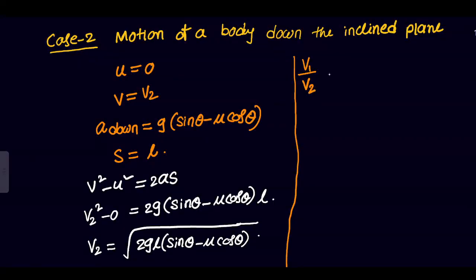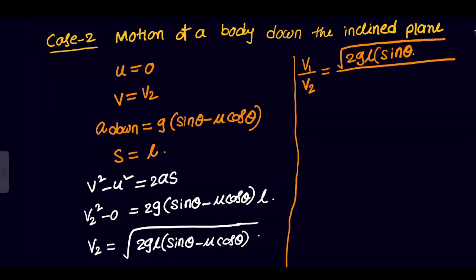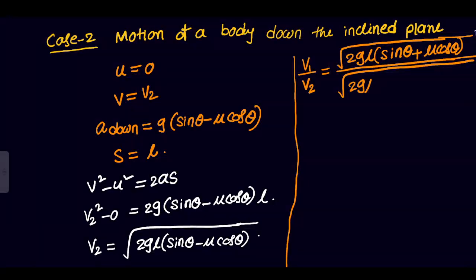So taking the v1 value and putting in the v2 value, that is square root of 2gL into (sin theta plus mu cos theta) by square root of 2gL into (sin theta minus mu cos theta).